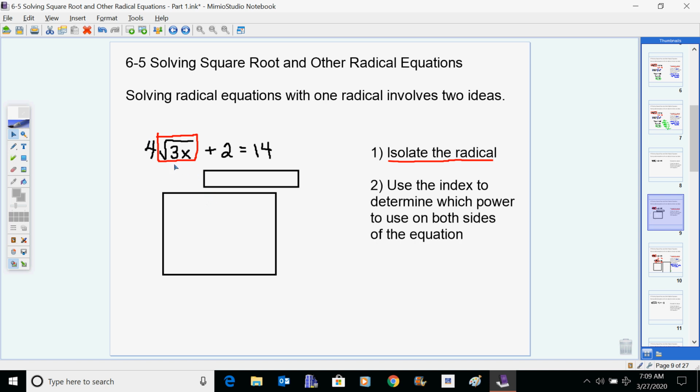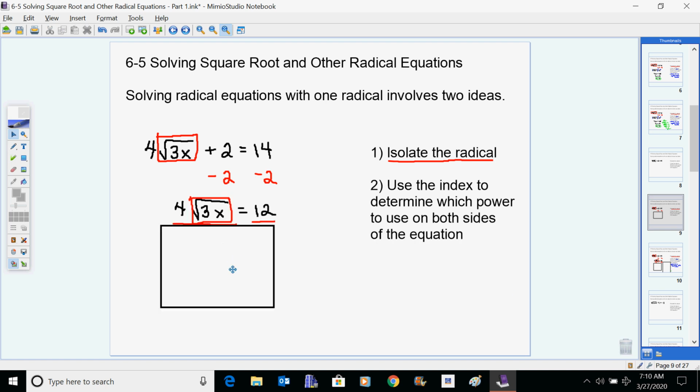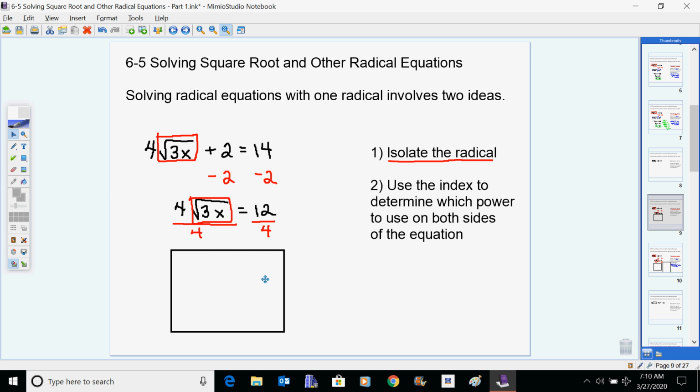This would be almost like if we were thinking about this as 4a plus 2 equals 14. So you would want to take away the 2, and you get 12. We're still trying to isolate this variable. We have this 4 on the outside, so you can divide both sides by 4.